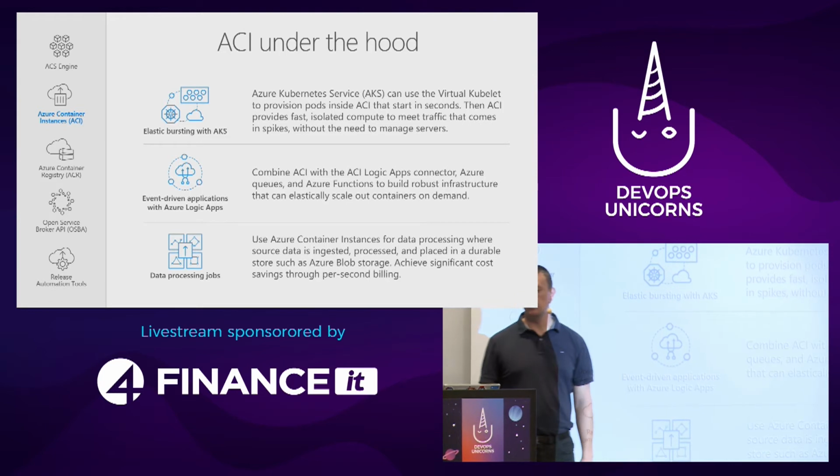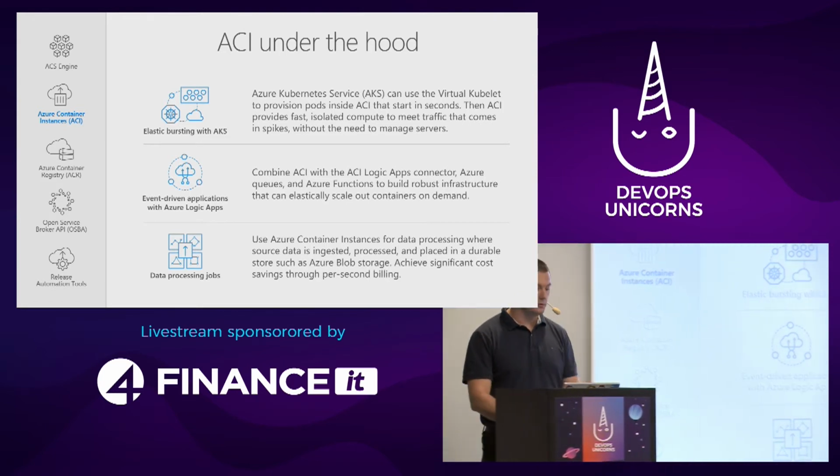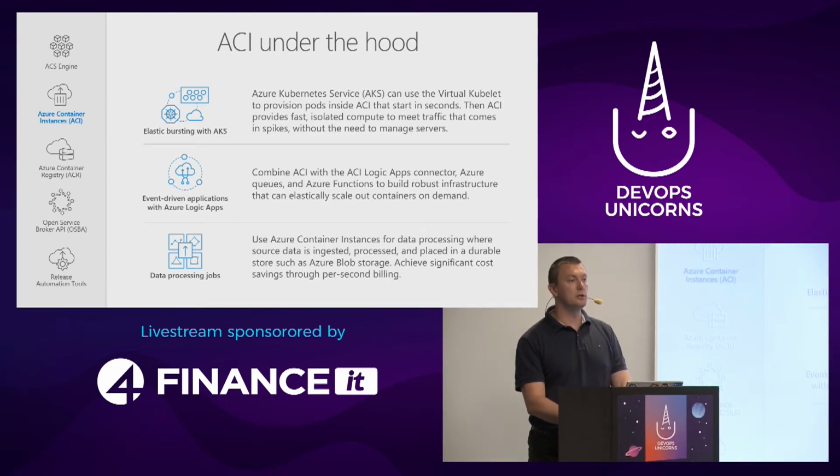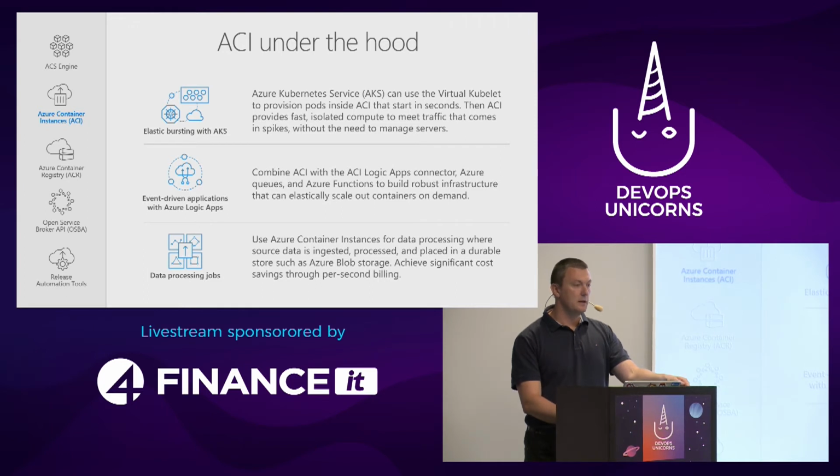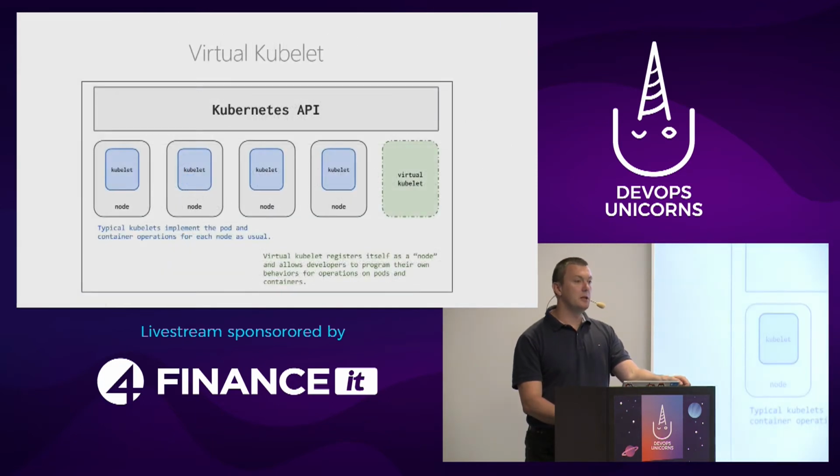So how does this look, and why should you take container instances into consideration? First, it's billed per second, so you pay only for what you execute. The second one is you don't care where this runs. You only need Linux or you only need Windows, and that's it. Imagine we have a node pool where there are only Linux machines.